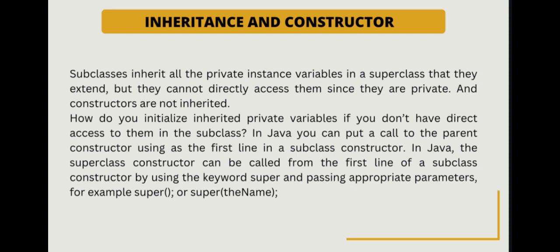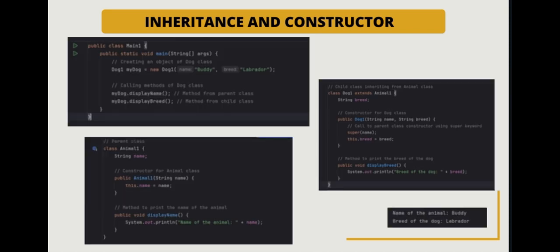As we can see in that example, we have one parent class, one subclass, and one main class. The main class, of course, has a main method, and we have a parent class called Animal, which has a constructor for the Animal class and a method to print the name of the animal.